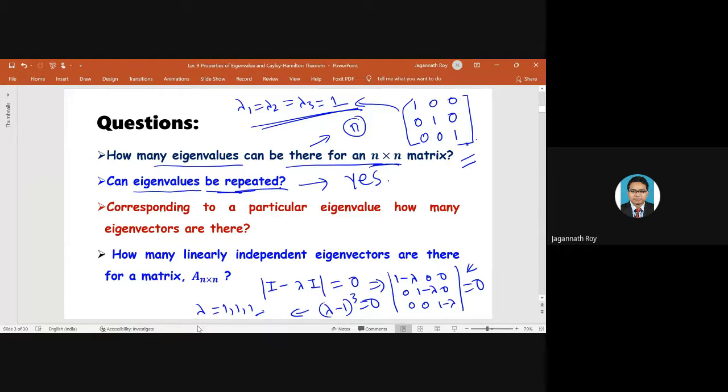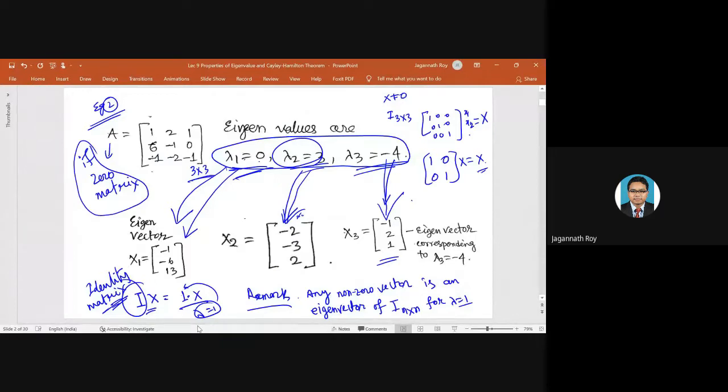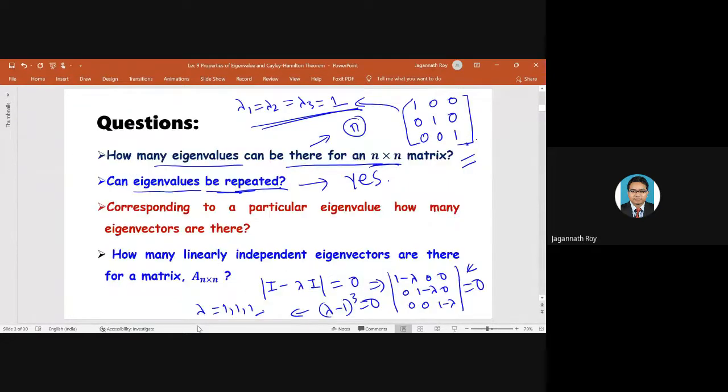Now, we have seen previously that if we have 3 eigenvalues, then we can have 3 eigenvectors. The question remains: corresponding to a particular eigenvalue, how many eigenvectors can there be?